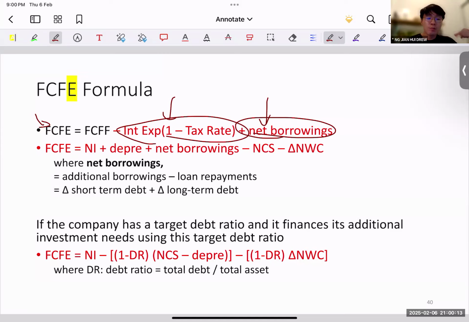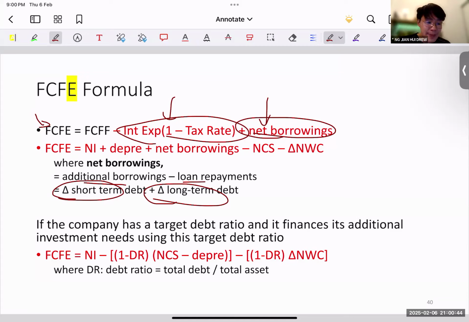And that's why you need to minus your interest expense and add in any net debt that's happening. And what's net debt? Your net debt is your additional borrowings minus any repayments, or in terms of balance sheet detail, you just take the change in your short-term debt plus your change in long-term debt. So any changes give you a net debt.